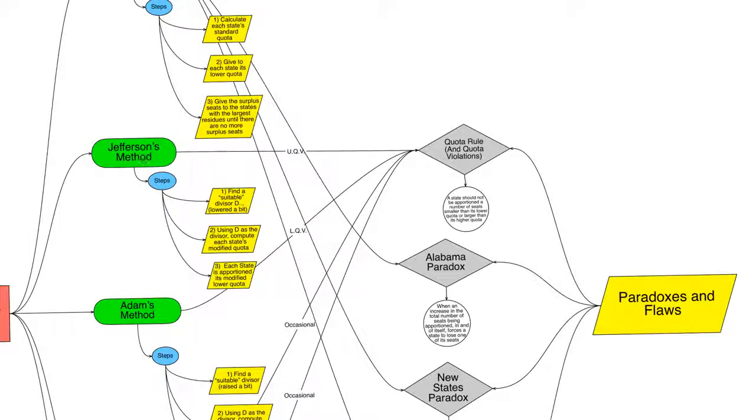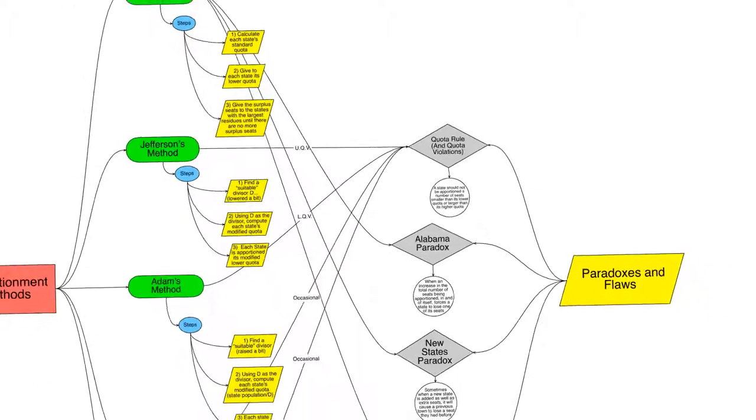That can happen. That is something definitely worth memorizing. On the test, it might say, the Jefferson's method violates which rule, and in this case it would be the quota rule, and what kind of violation is it. You should know that it's going to be an upper quota violation. So that is something that is very important to know.